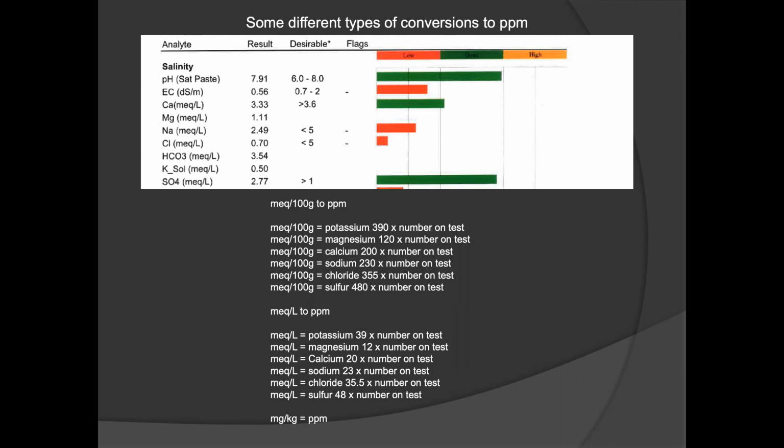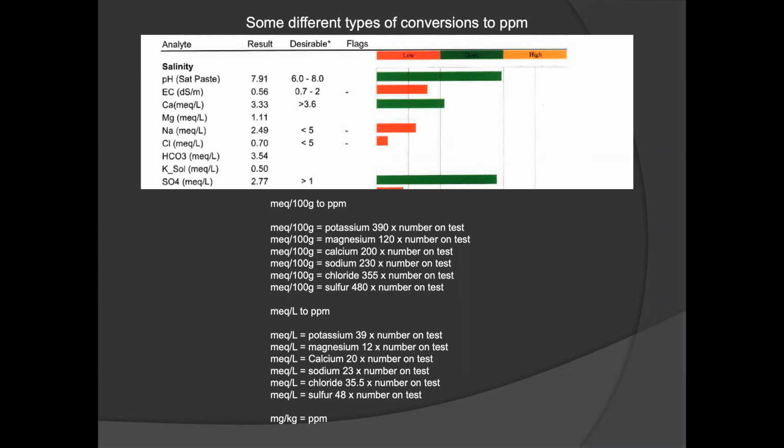Now I put a sample of this up here, and if you look at calcium, for instance, on there, I don't know what the CEC is on this test. It didn't have any of that information on the test, which kind of gives you less information to really know what's going on. But based upon their good level, it's green at greater than 3.6 is what they consider desirable.